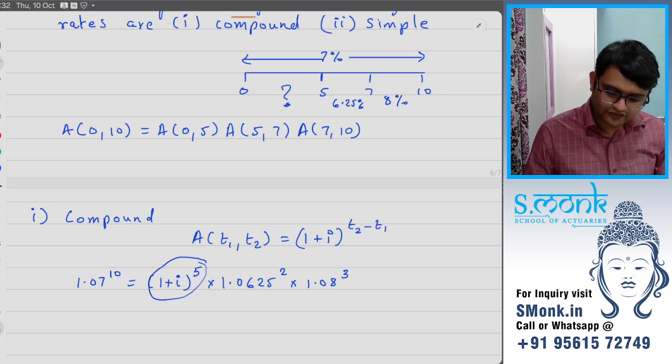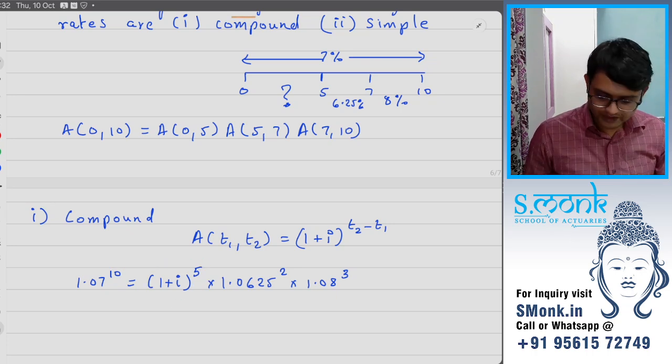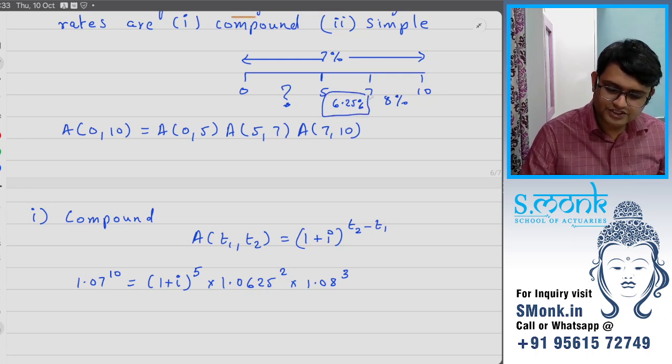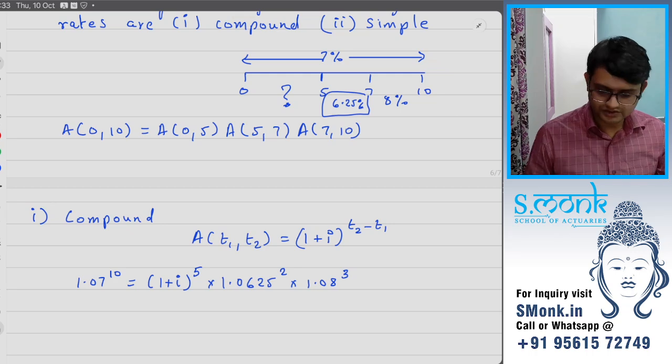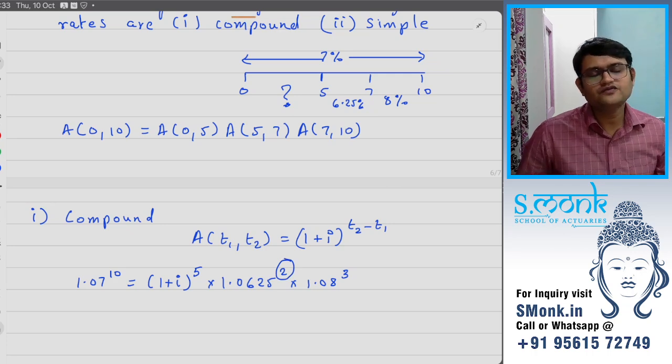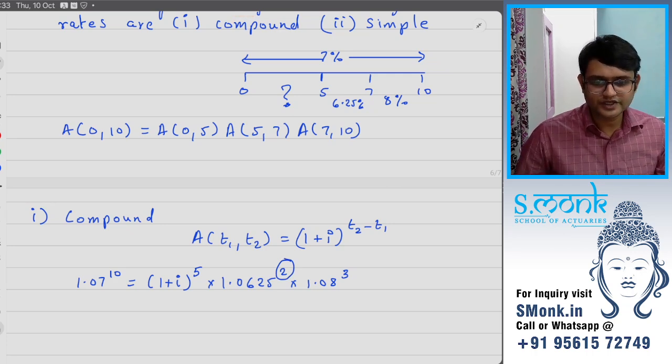This I is what we have to find, from 0 to 5. And here, this rate of interest 6.25% is going from time 5 to time 7, so 7 minus 5, we will have 2 years, raised to 2.